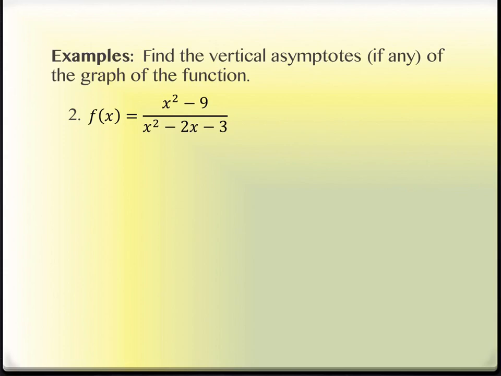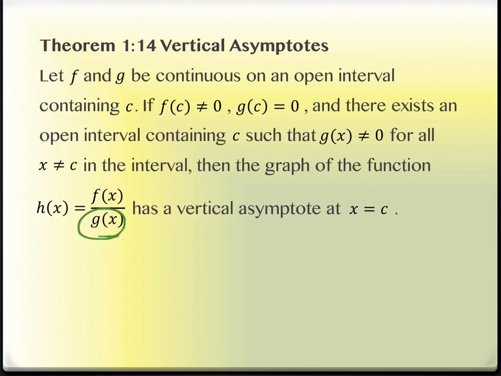So we're looking at factoring to see where the denominator equals 0. And you have to be a little bit careful because of the condition I mentioned: the numerator can't be 0, but the denominator is. So just looking at where the denominator equals 0 isn't enough. We have to look at where the numerator potentially equals 0 as well.